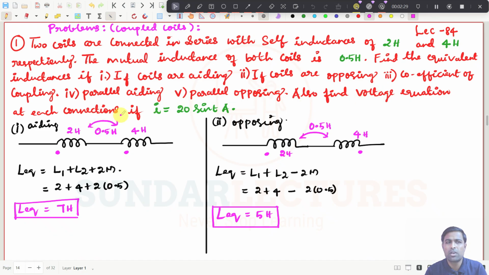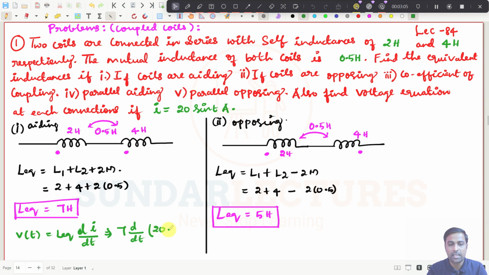We need to find the voltage equation in each case. If I is equal to 20 sin t, I will write it down here itself. What is the voltage equation? V is equal to L equivalent d i by dt. This is the expression, right? If you simplify this expression, this will be 7, that is the L equivalent value, d by dt of, what is the equation you got for I?